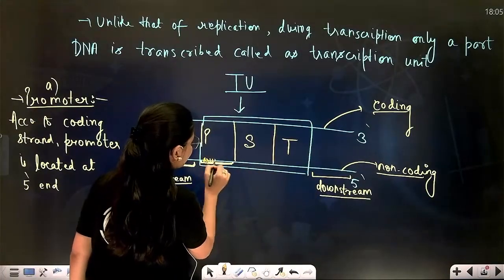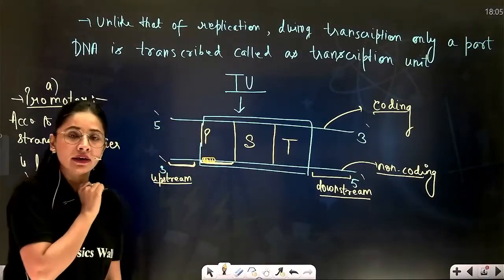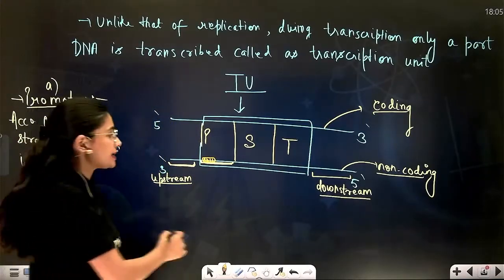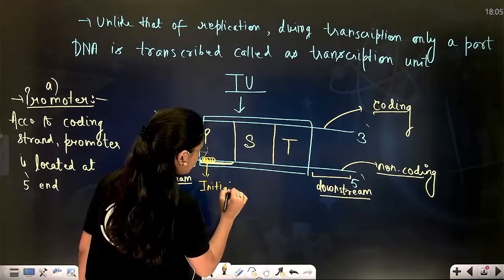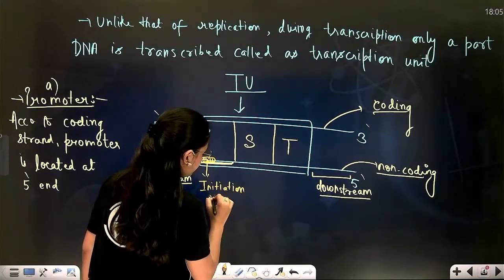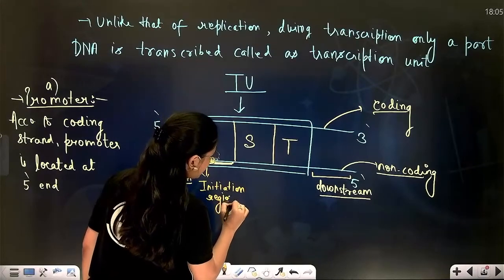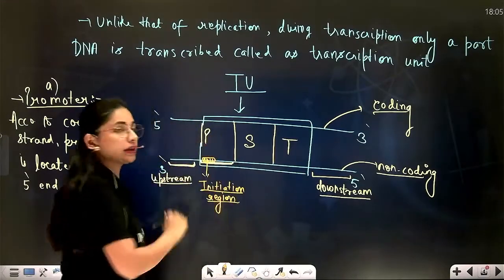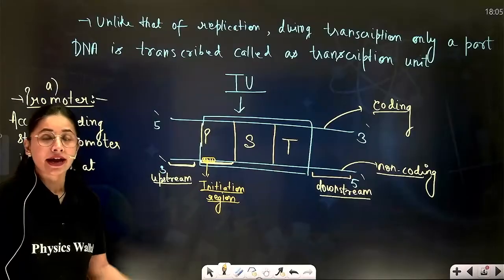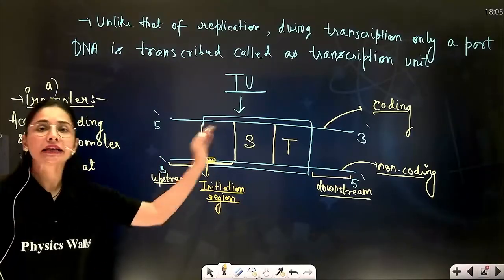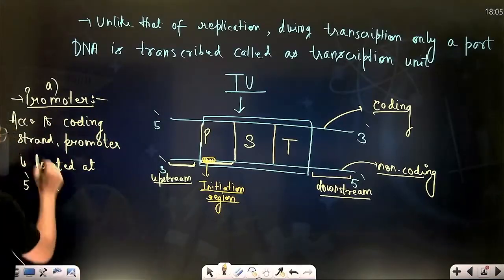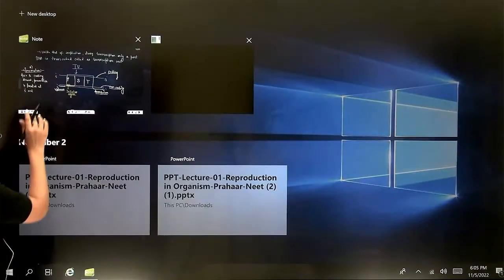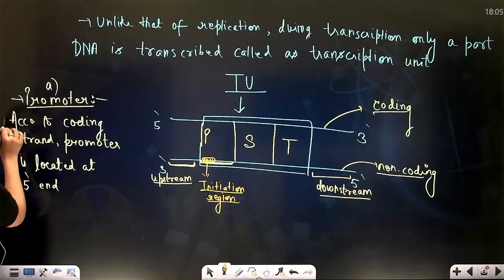Certain sequences are present on the promoter region which are called as initiation region. So this initiation region is present in promoter region of the transcription unit, which helps in the correct initiation of transcription. So promoter, first of all, where it is located, I just hope you all have understood.